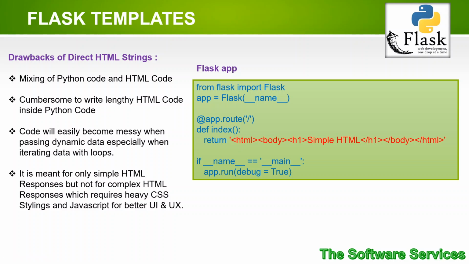Then there is a need to insert those 1000 records into the HTML template. If you want to manually code all those records, it is impossible, right? With raw strings we can do it, but it is very cumbersome. With loop statements we can do it, but it is very cumbersome, friends.